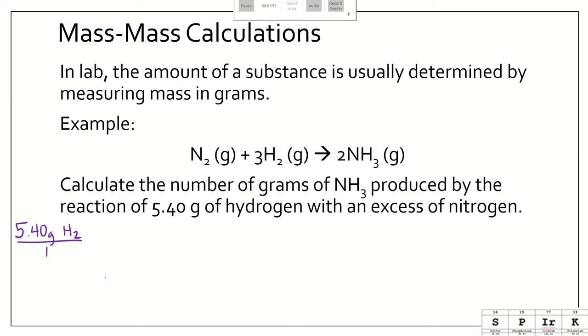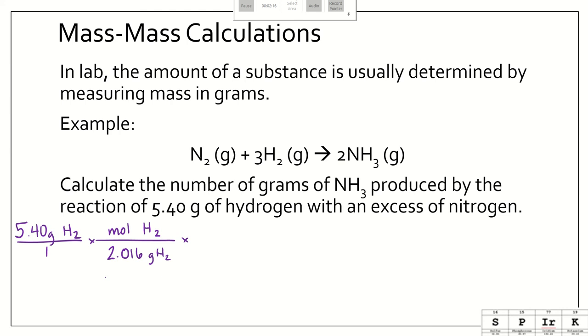So if you remember, we need to go from grams to moles, use the mole ratio, and then moles to grams. So the only way we can go from grams to moles is to use the molar mass. And the molar mass of hydrogen is 2.016 grams of H2 for every 1 mole of H2.